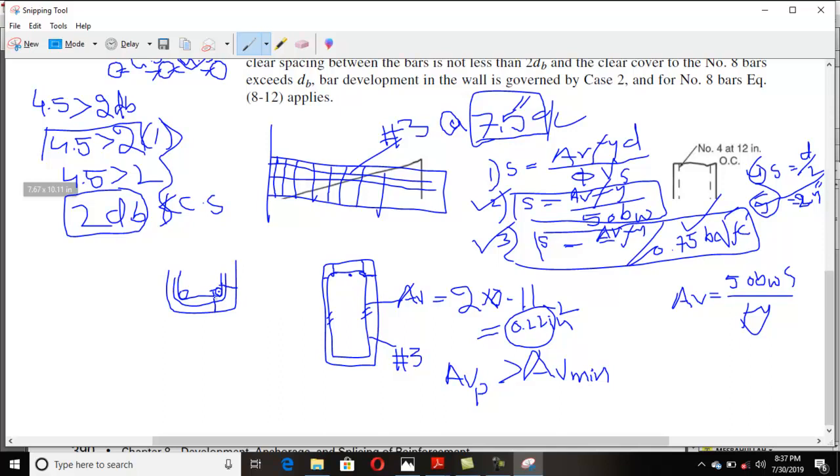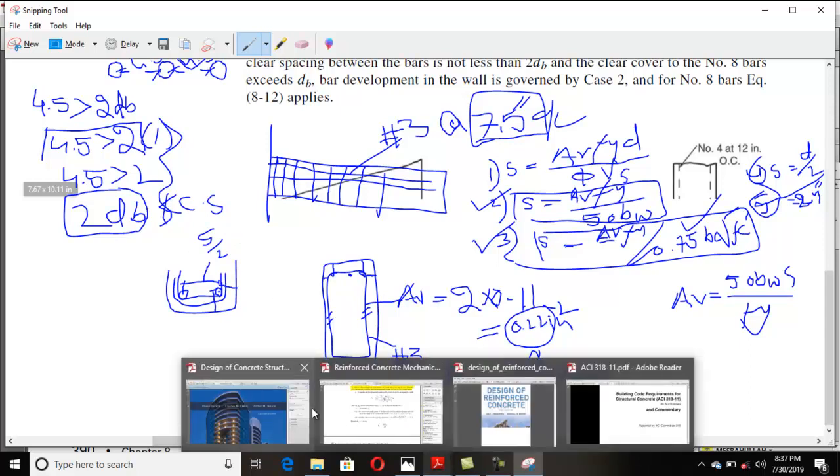This was done in McCormac. Then you get the center to center spacing of the bars and divide it by 2. Out of these three, you will select the minimum value.